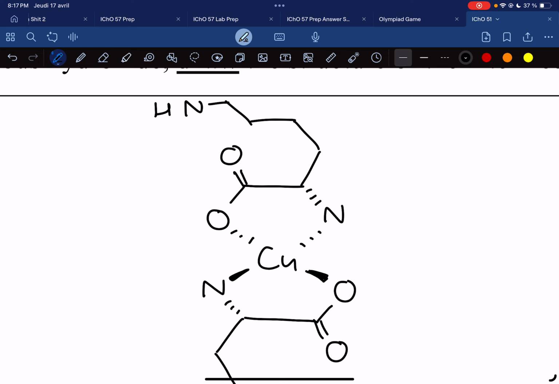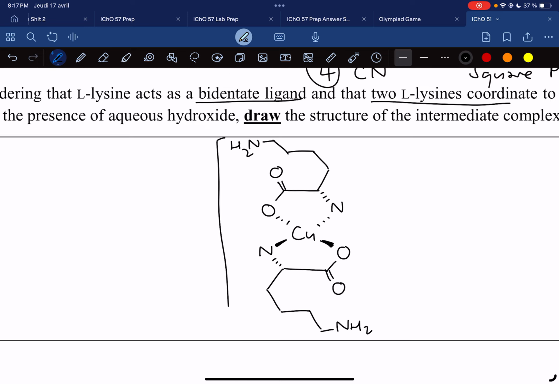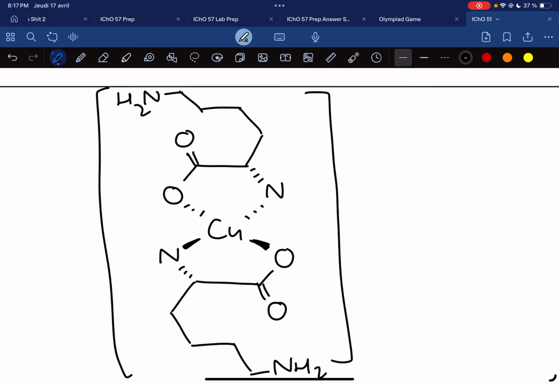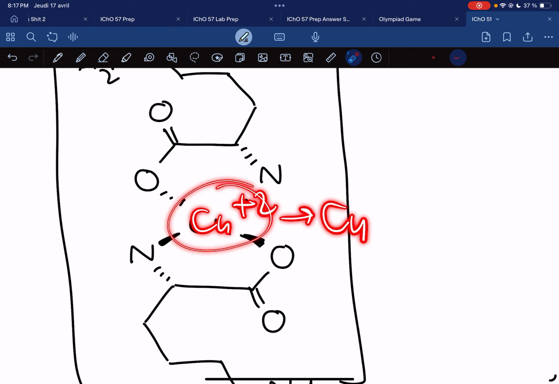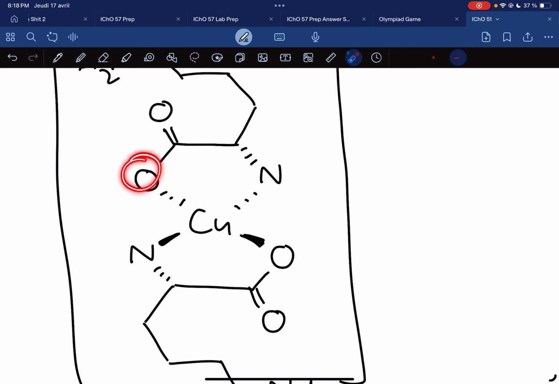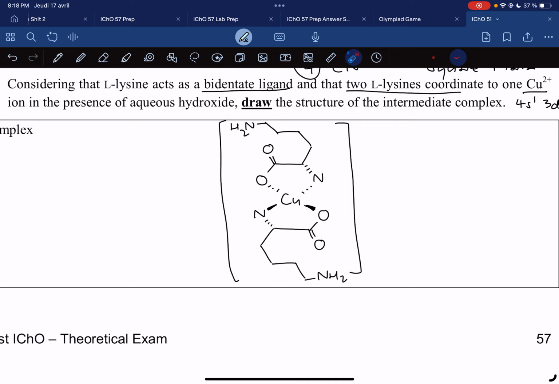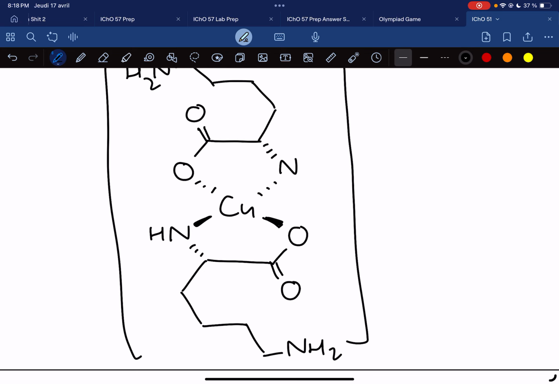Okay, I need to save some space. And then this complex will be a neutral complex because this carboxylate group has a -1 charge, so does this one. So this copper-2 metal center is neutralized because it's still copper 2, but the whole complex has no charge. Oh, and don't forget the hydrogen here.